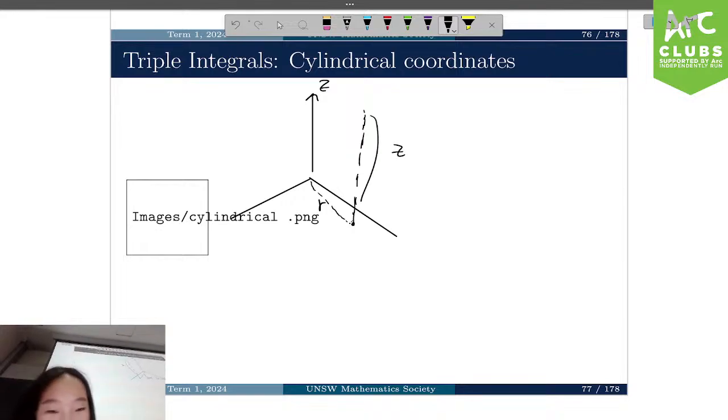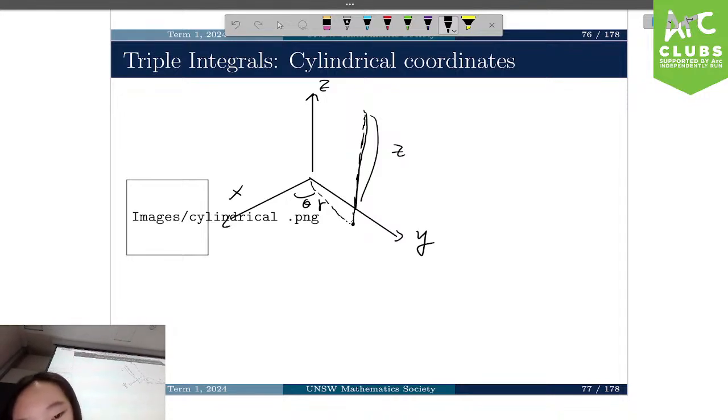Here's our Z. And we got an angle over here, theta. So this is a 3D space. We have the x, y, and z. And here is a line. This is our Z. We have theta. There are 3 important parts: theta, r, and z. Okay, this is our cylindrical coordinate.